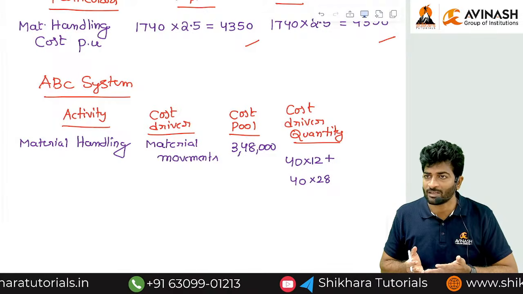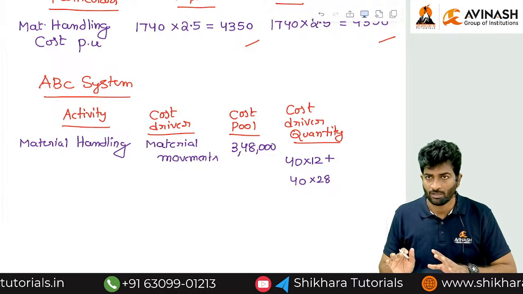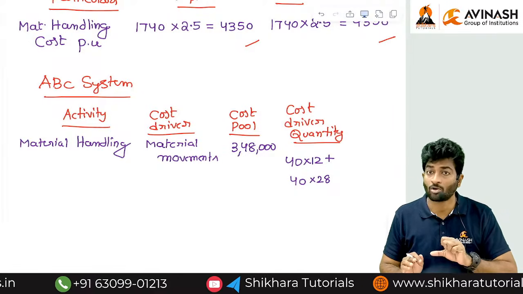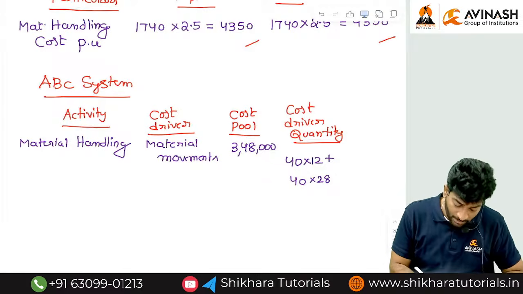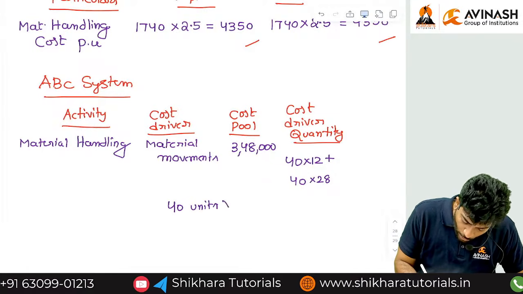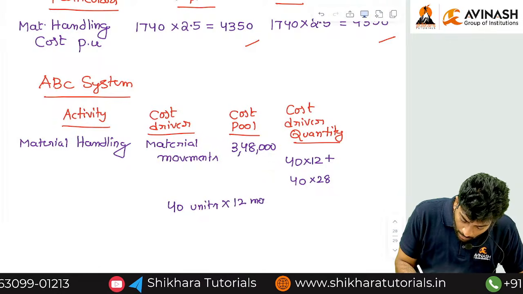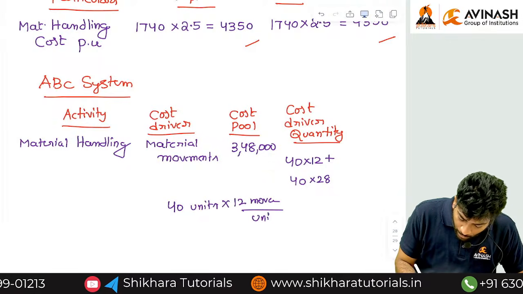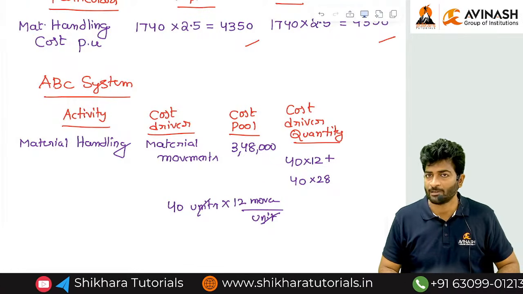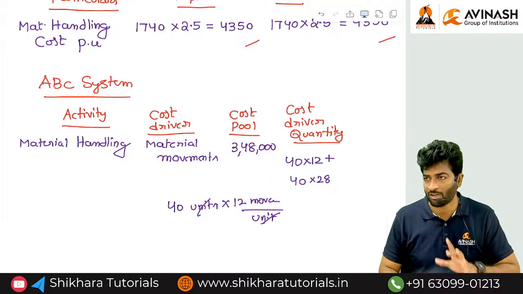Sir, 40 is finished goods, sir. Those are not movements. If you want to learn costing in a proper way, you should have command over cost units. Say 40 units into 12 movements per unit. Now I got movements, and I have clarity. But those are movements of only alpha.